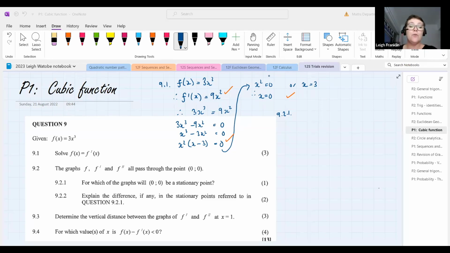For which of the graphs will (0, 0) be a stationary point? You guys tell me. Does a linear function have a stationary point?